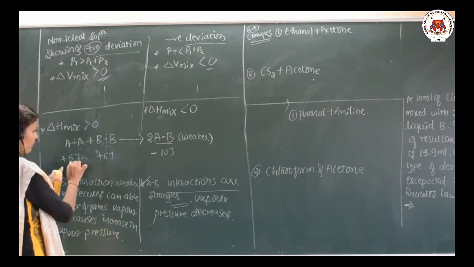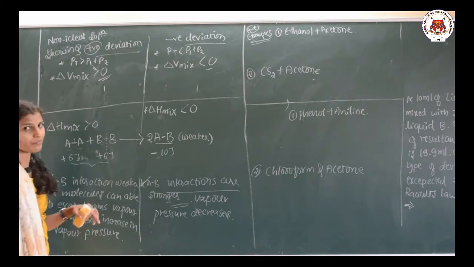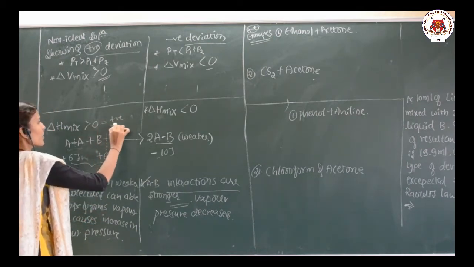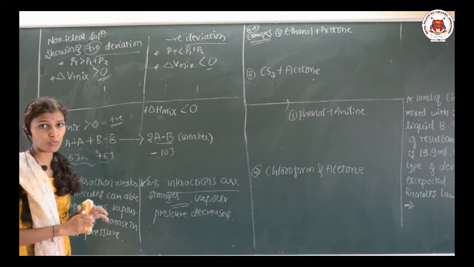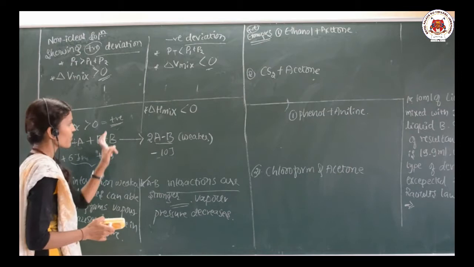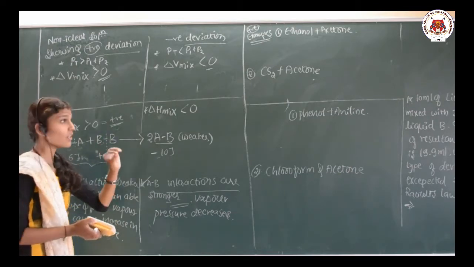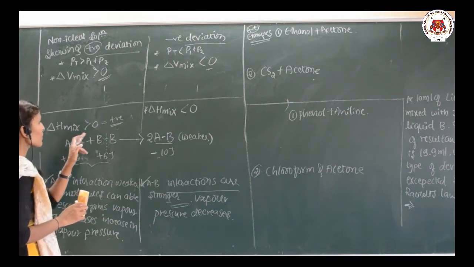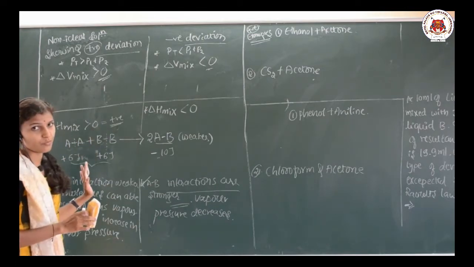So 12 minus 10 means plus 2, which is a positive quantity. So delta H mixing will be positive.